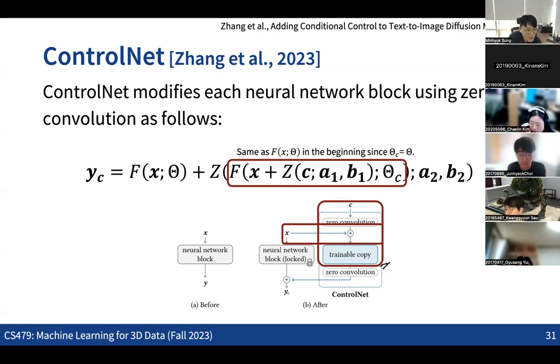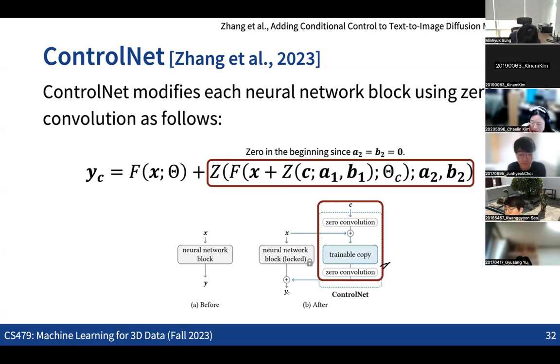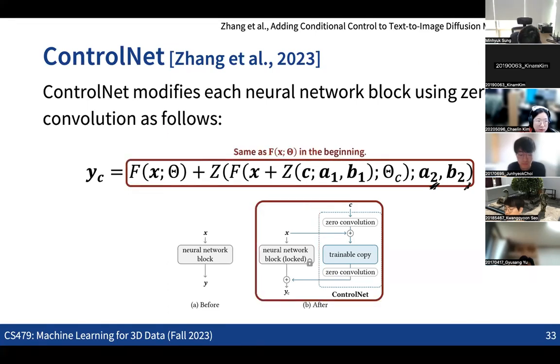We also feed this output again into the zero convolution here. Now the output will also be zero, because the two parameters of the second zero convolution are also initialized with zero, right? And then we add this to the output of the original neural network.